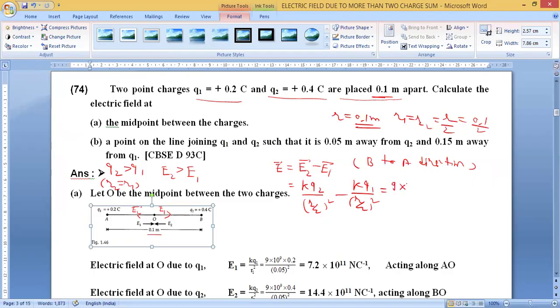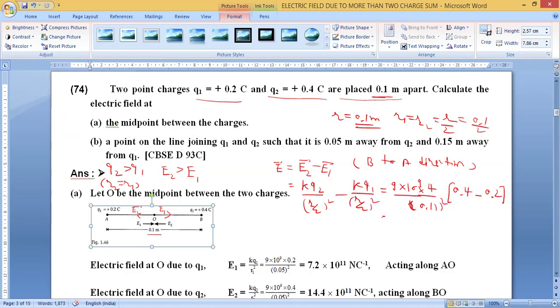K common, 9 into 10 is to 9 common. R/2 square common, तो 2 square 4, न्यूमेरेटर में जाएगा तो 4 by R square. R is equal to 0.1 square. Q2 given 0.4, Q1 given 0.2.